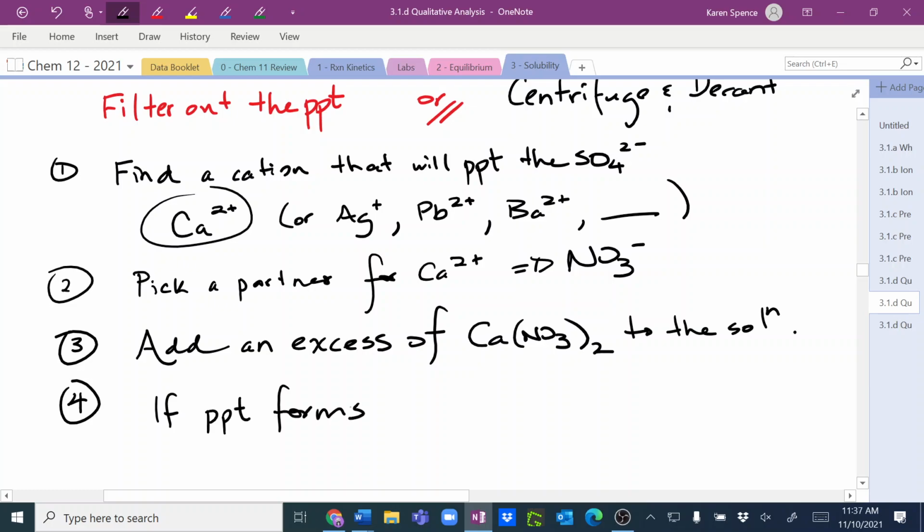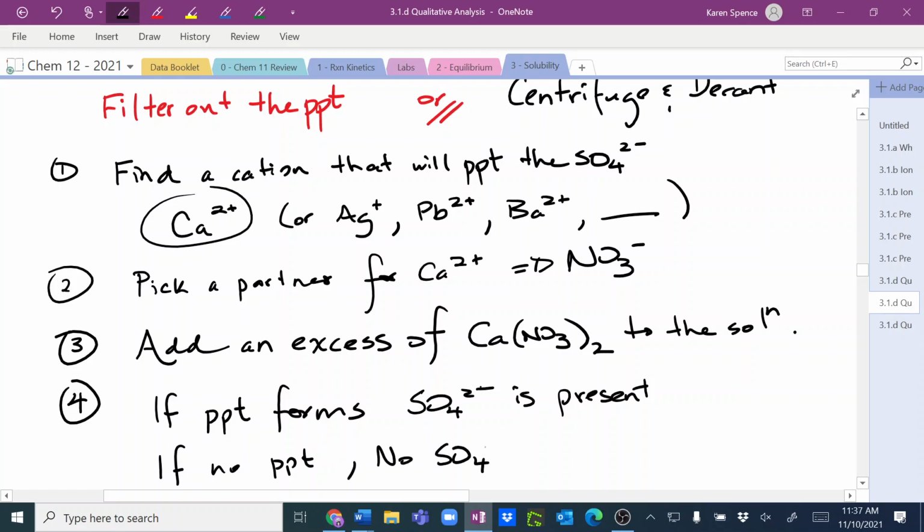We were looking for sulfate, SO4 2- is present. If no precipitate, no SO4 2- present. And then you're done.